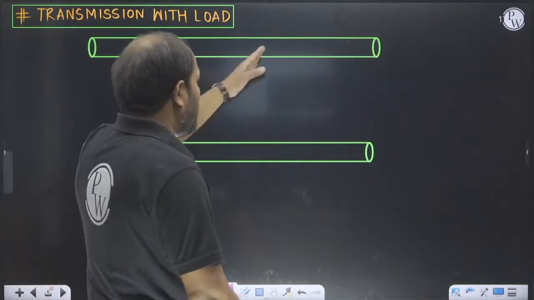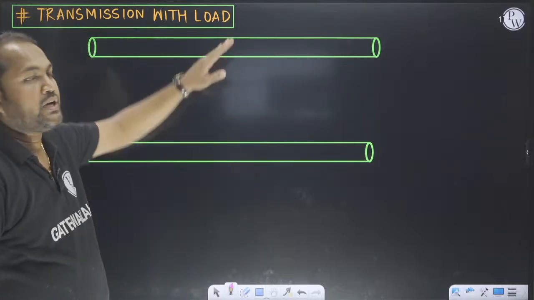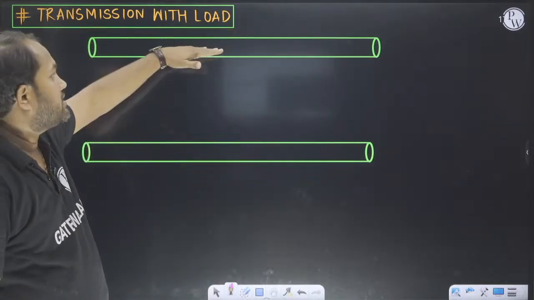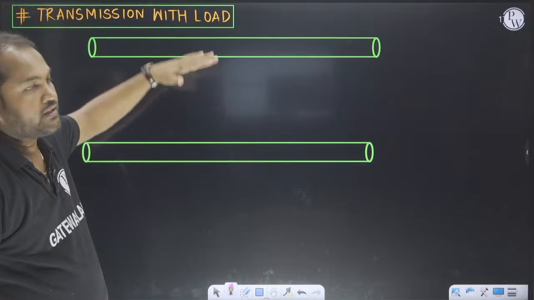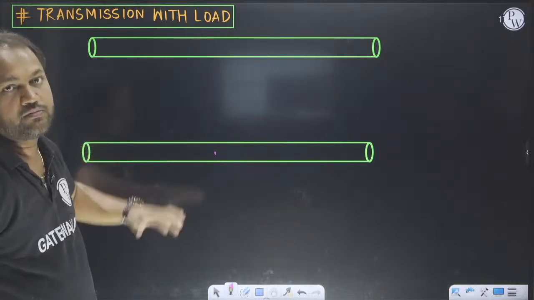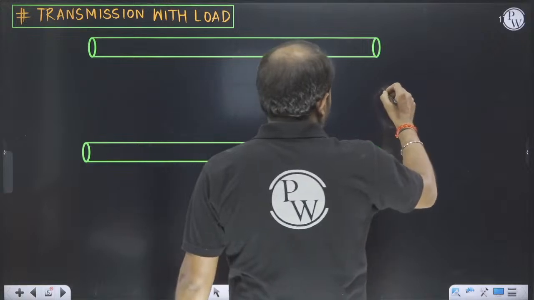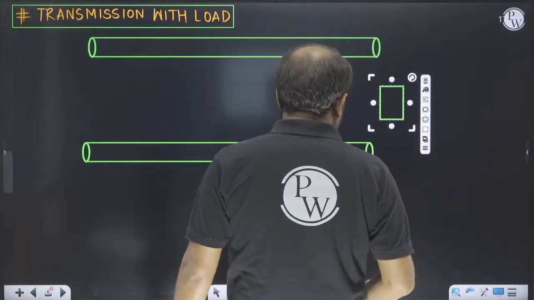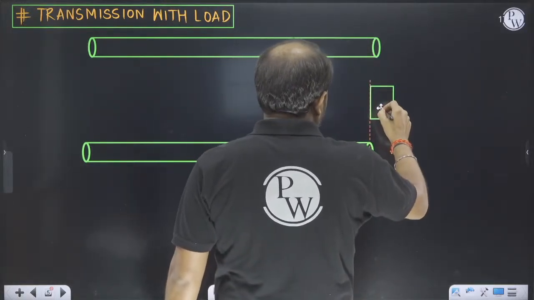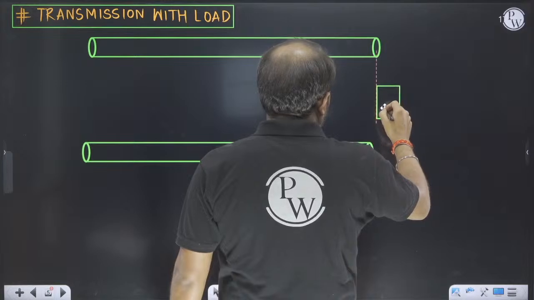It is only one transmission line; we are not using two transmission lines. This is the inner conductor, and this is the outer conductor. There is no difference, they are not different.